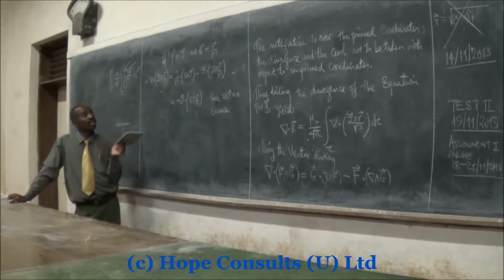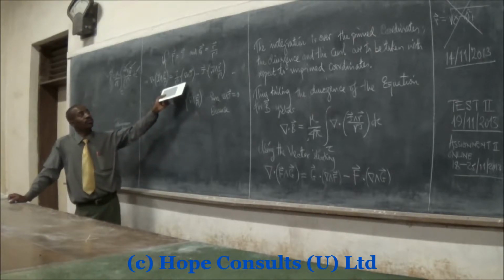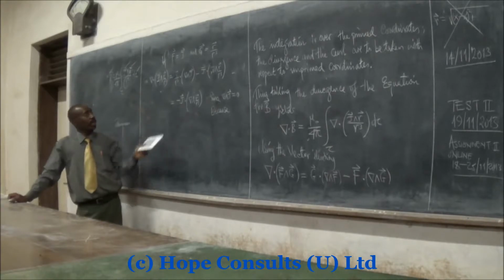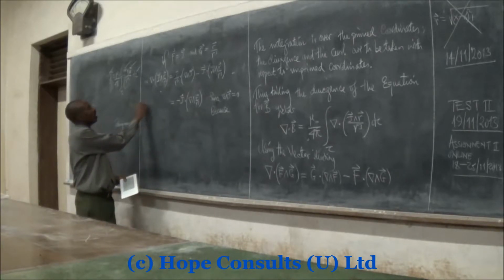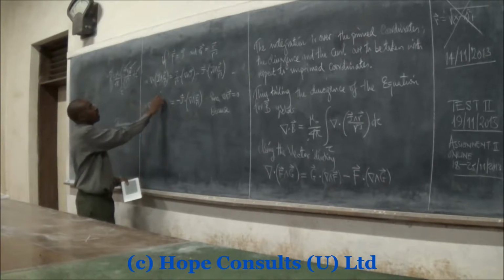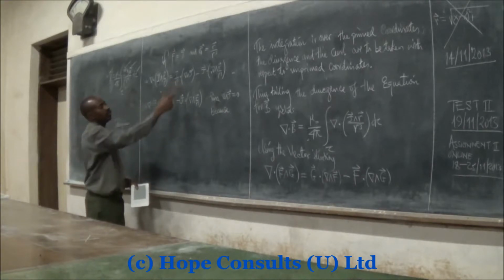I mean, we are saying that this whole thing will be equal to 0. That's why we are getting our divergence of J plus R over R cubed is equal to minus this, since this is equal to 0.